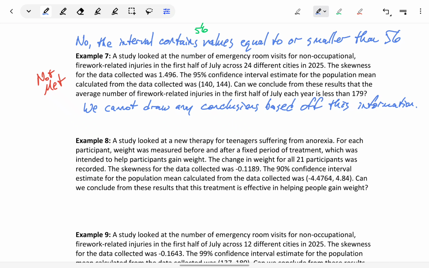So it is mathematically possible to still construct that confidence interval estimate, but even though it can be created, it essentially has no meaning because the conditions for its creation were not met.